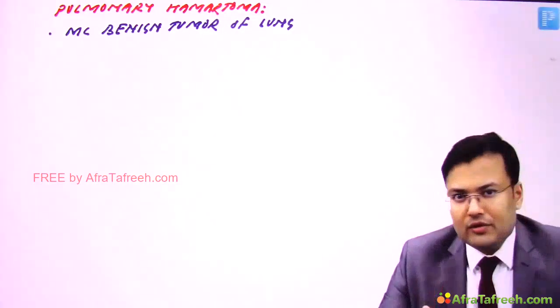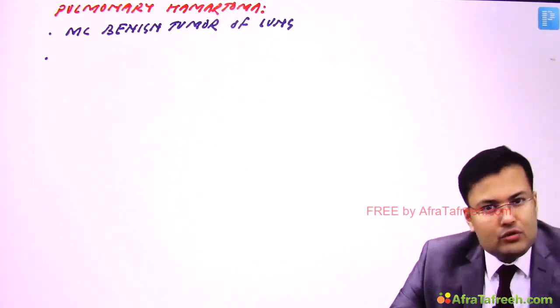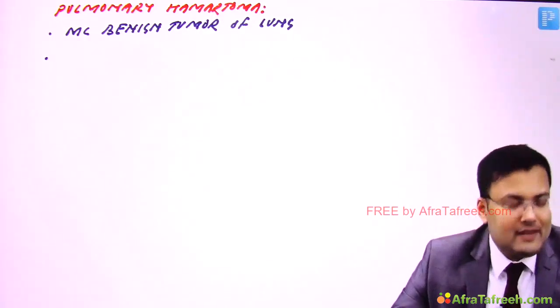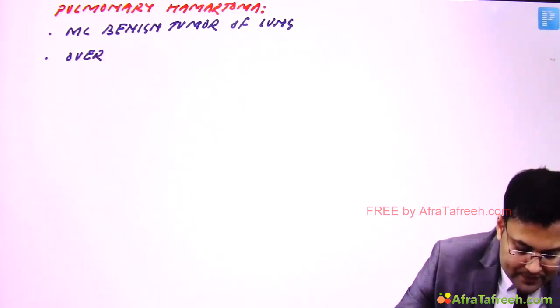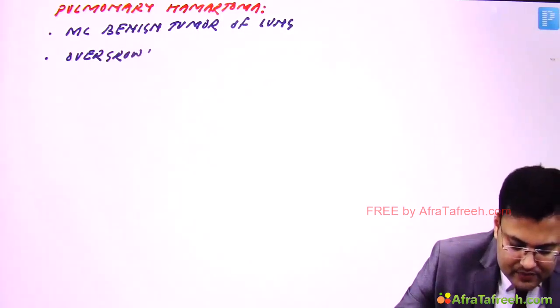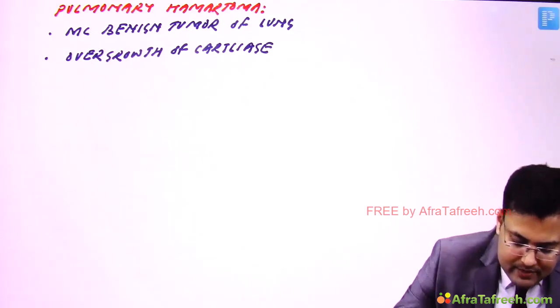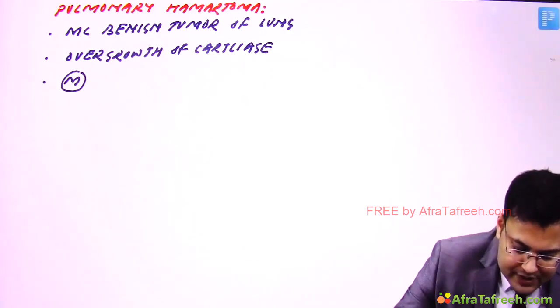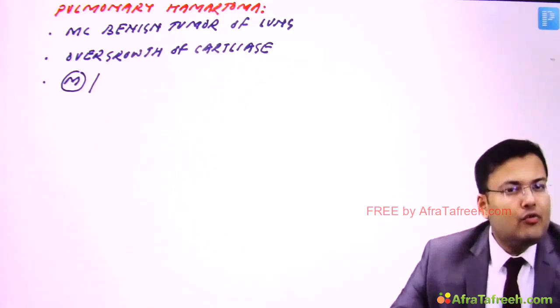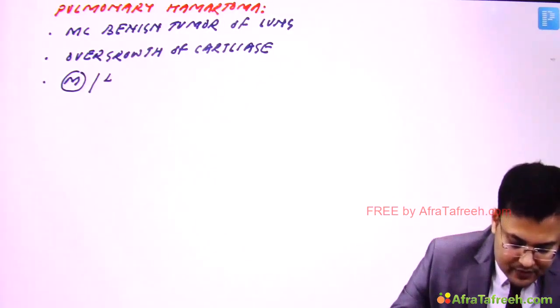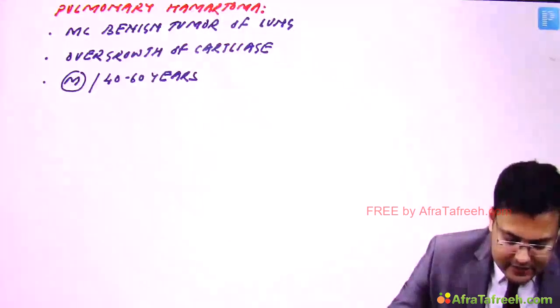Generally it is manifested as overgrowth of cartilage, more common in males, and generally it is seen in the 4th to 6th decade. It is more common in males, and generally in which particular age group it is seen? 40 to 60 years.